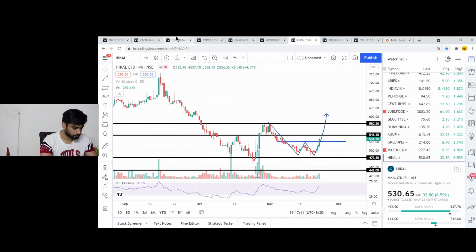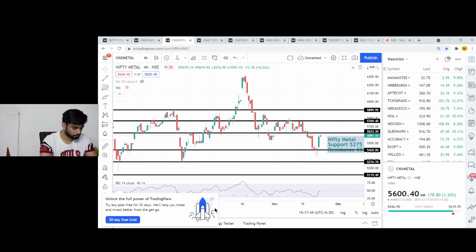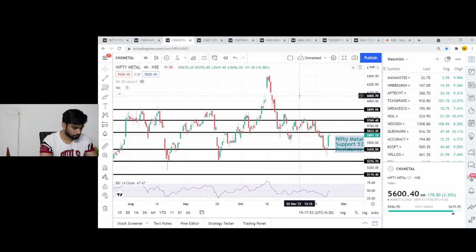Apart from pharma, one sector which we had discussed yesterday very clearly that it can rise from the present level, because it was trading at a very crucial support which has previously also given buyers some kind of hope. The same thing has happened today, and Nifty Metal was the index to watch for the coming couple of days, and today in particular it was very strong.